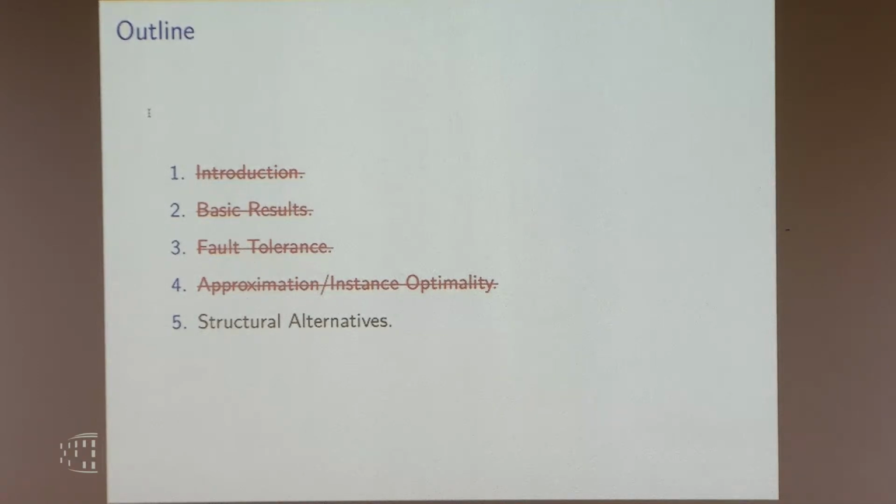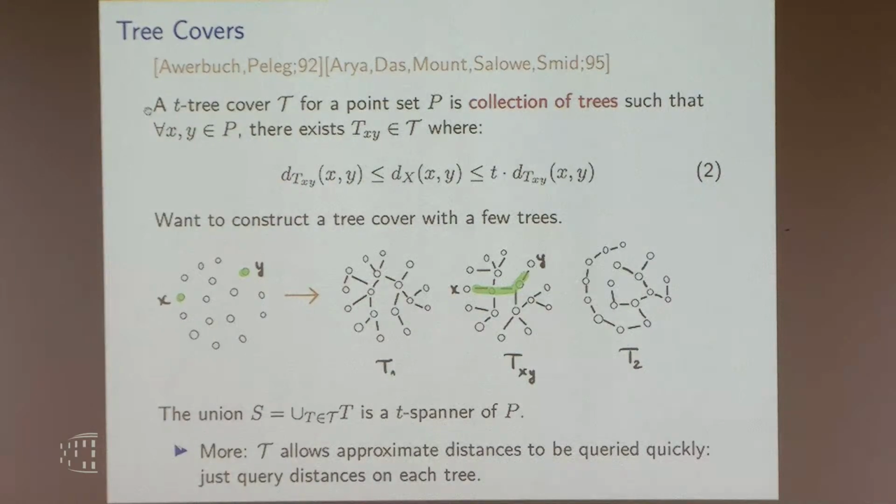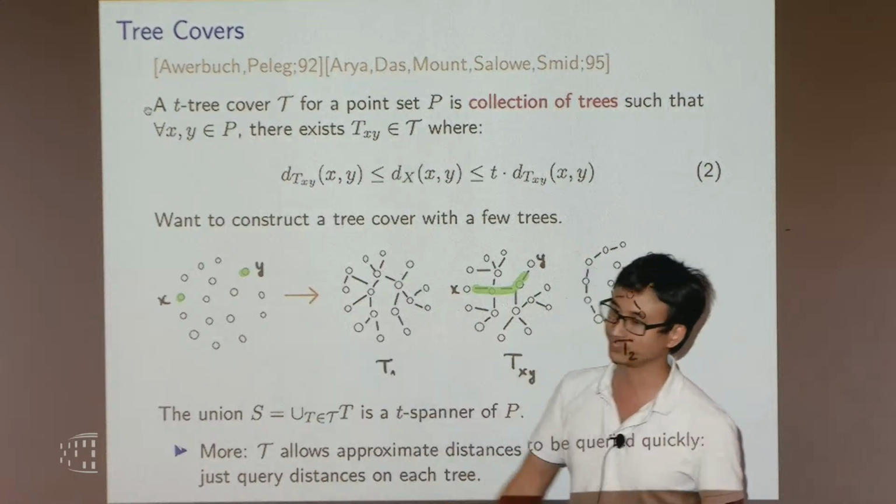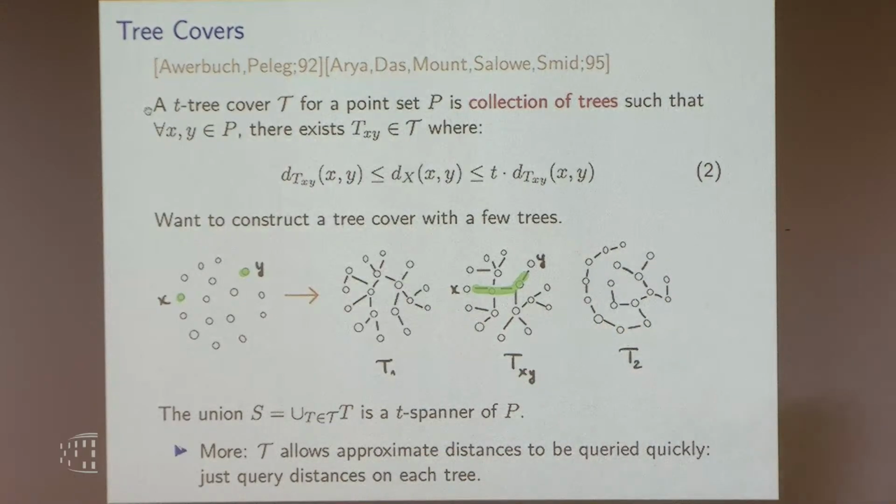So when I say structural alternative, I want a more well-structured data structure from which you can easily recover the spanner, but which allows you to do more things. For example, one of these is called a tree cover. So what is a tree cover? A tree cover is a collection of trees that you build on top of the point set, or even the graph.